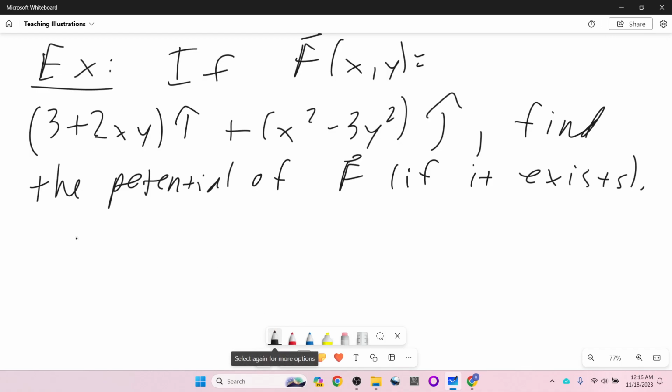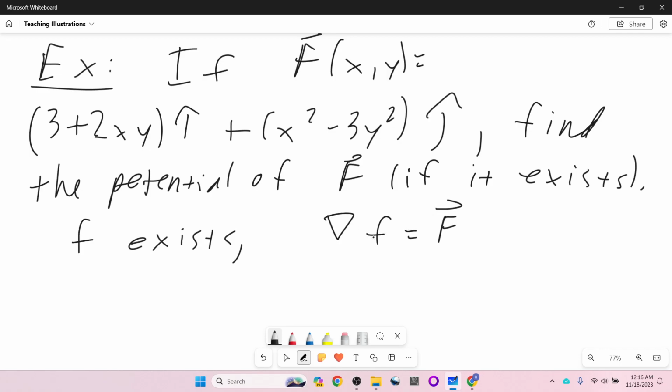Well, so this says f exists, and the gradient of little f is big F. So let's split this up into pieces. This is saying that, for instance, del f over del x is equal to p.